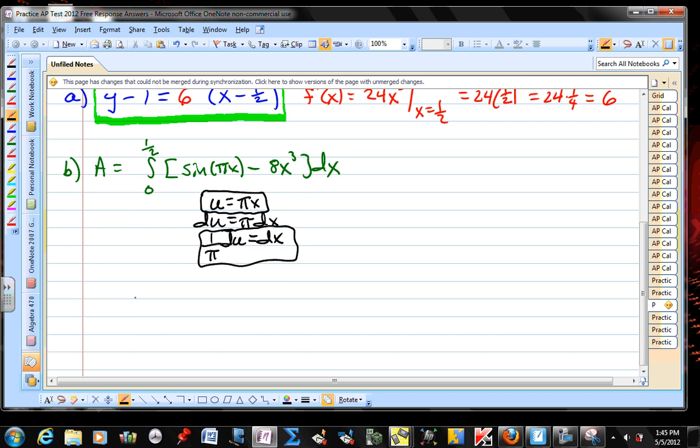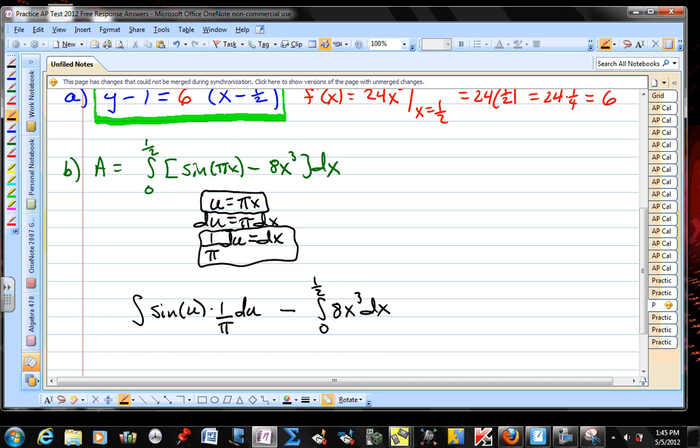We're going to call this the integral of the sine of u times 1 over pi du. We're purposely leaving the limits of integration out right now because we've changed the variable. We could put different limits of integration in, but we're not going to do that right now. And then we're going to subtract the integral from 0 to 1/2 of 8x cubed dx.